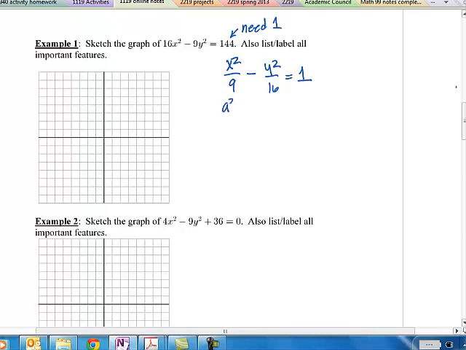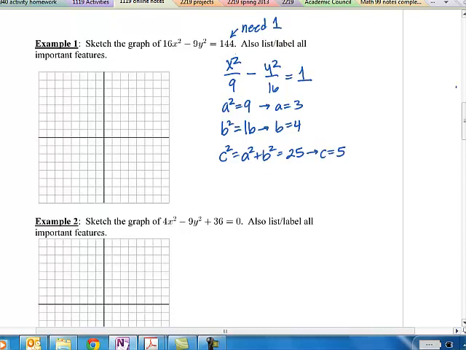So a squared is 9. b squared is 16. So we can see a is 3, b is 4. And c squared is always a squared plus b squared, so 25, which means c is 5.